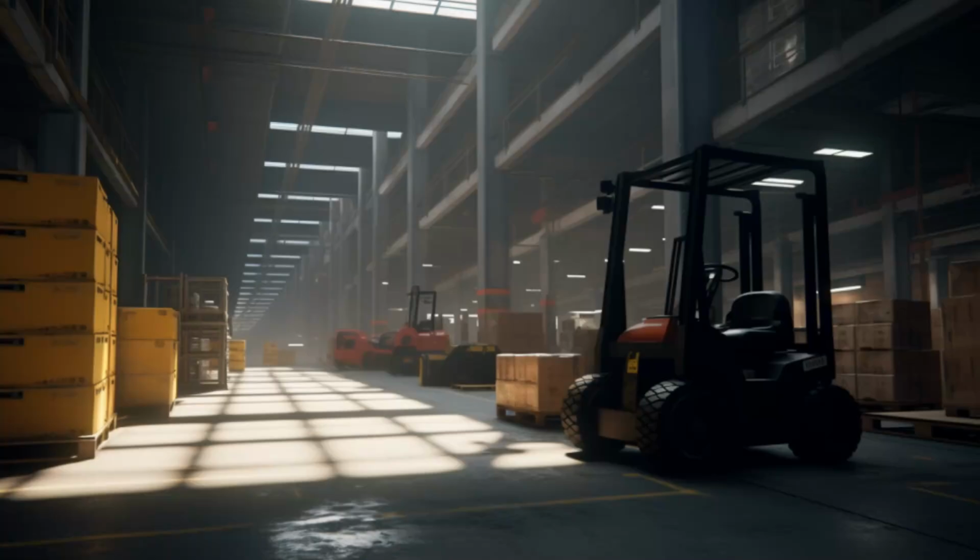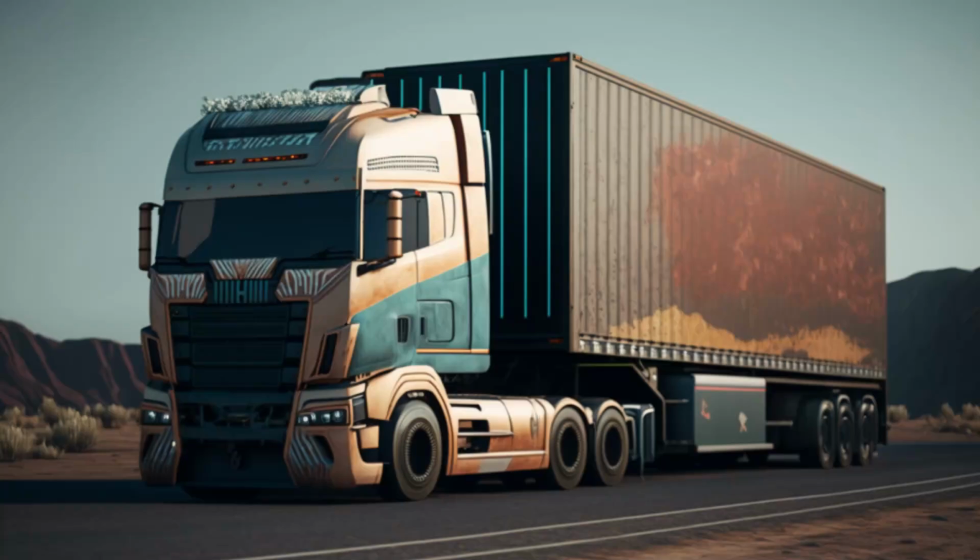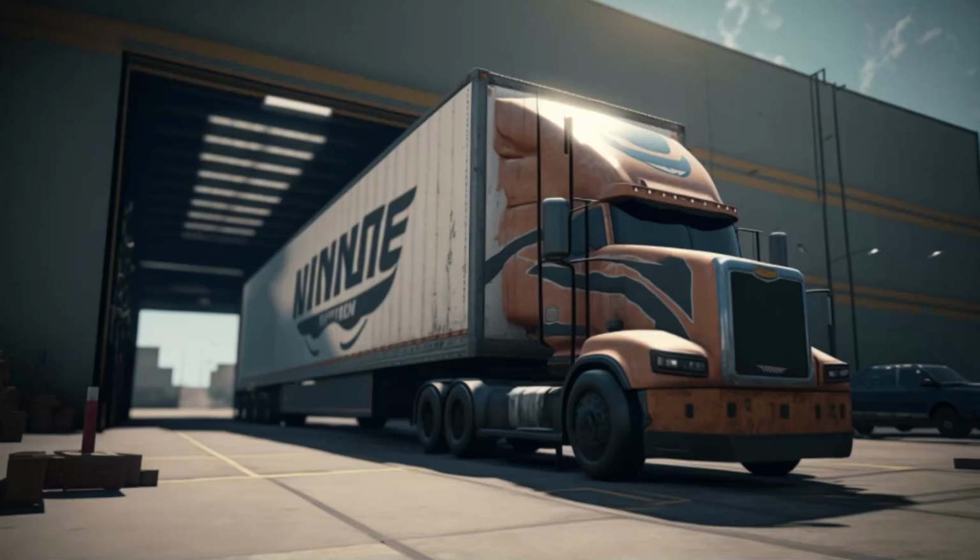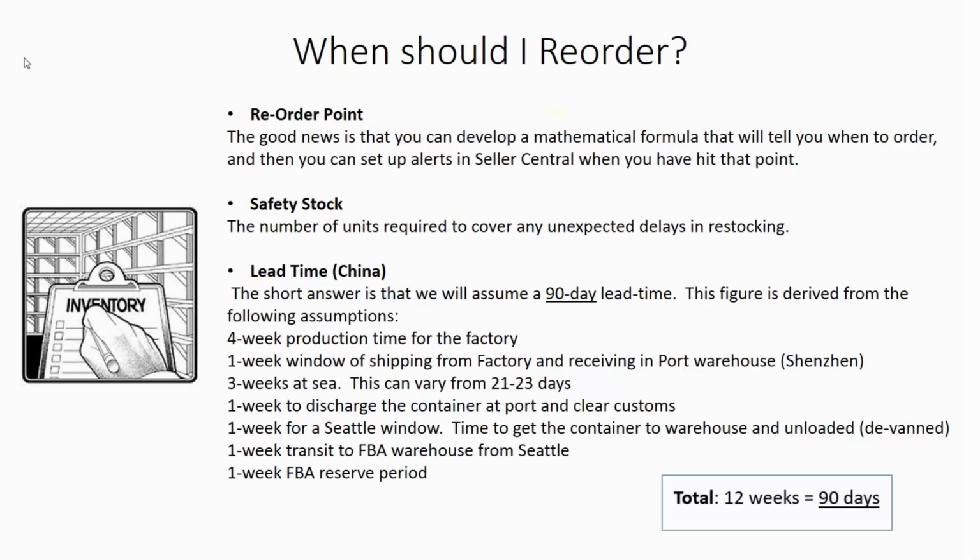Then at your warehouse, it might take a week to devan and be counted into inventory. These are broad estimates. Then 1 week transit from your warehouse to the various distribution centers, and 1 week for Amazon to put your stock into FBA. So you add all that up, and you've got 12 weeks, which is 90 days.